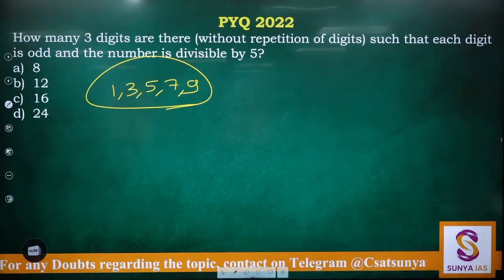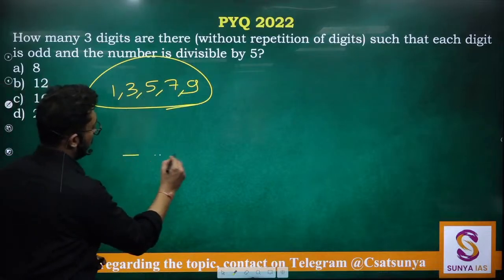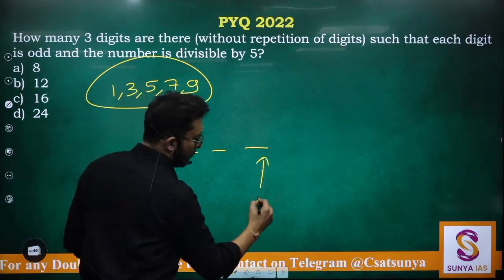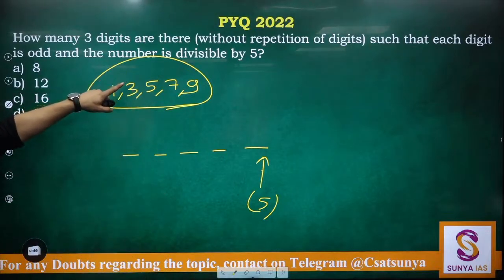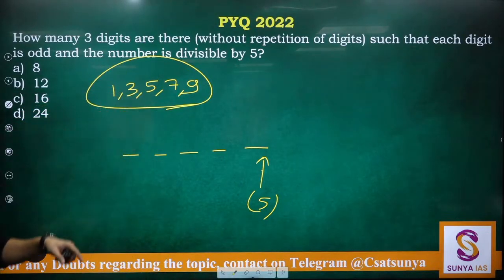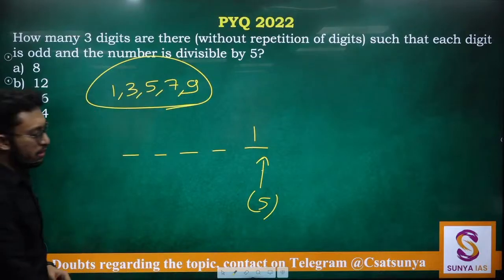What is the answer? 12. How will it come? For the last place you have only one option, that is it has to be 5. I have to fill a 5 here. I have no other option because I need the number to be divisible by 5. So only one option remaining.